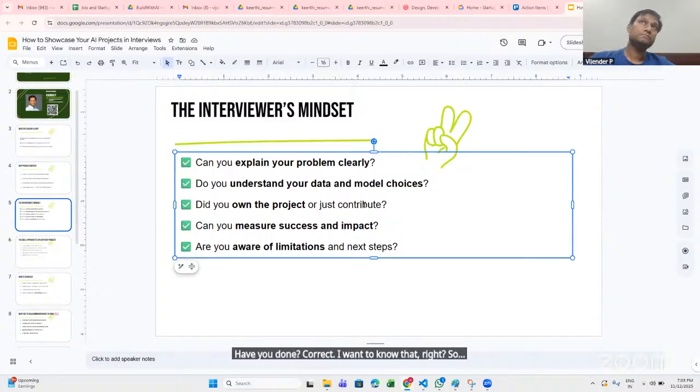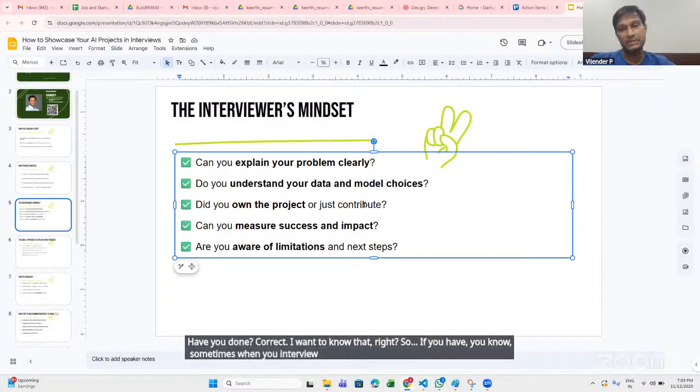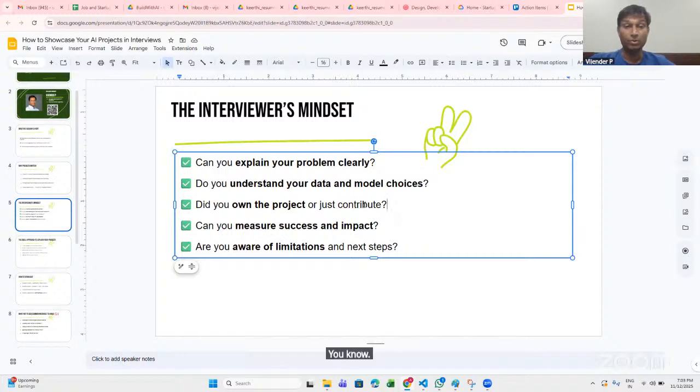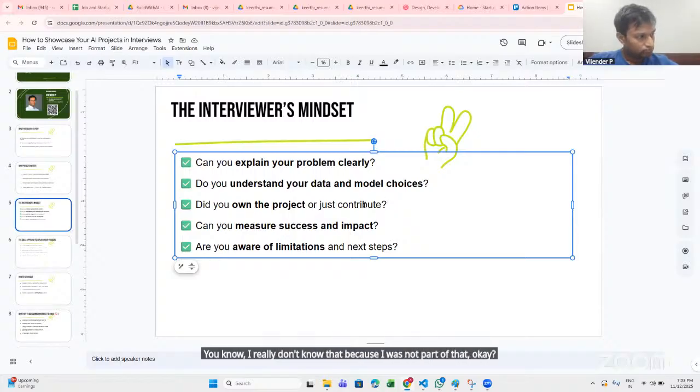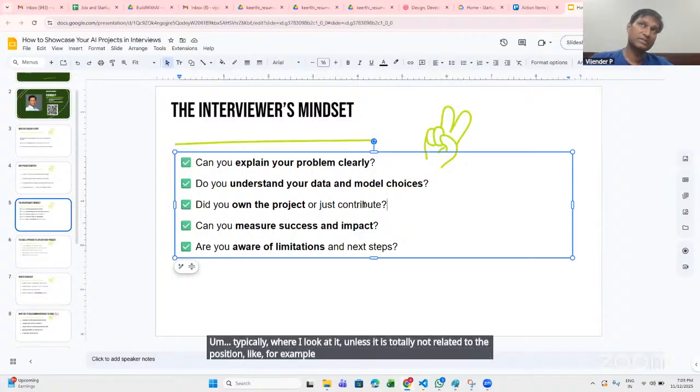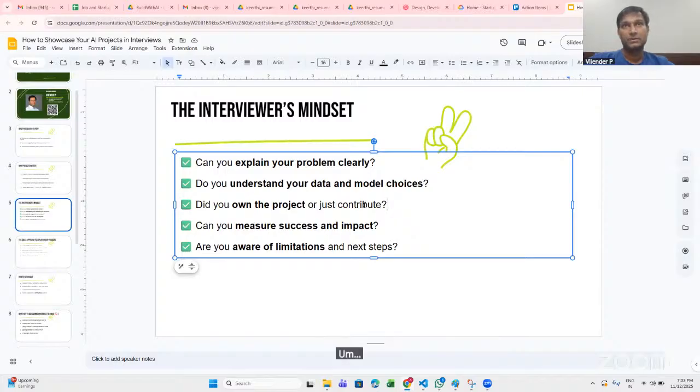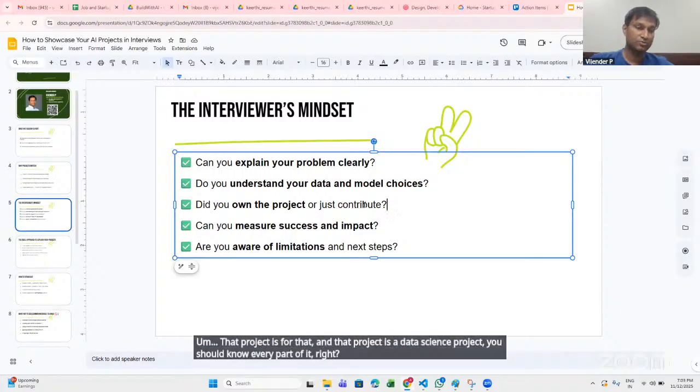Sometimes when you interview, people will say, I really don't know that because I was not part of that. Typically the way I look at it, unless it is totally not related to the position: if you are going for a data science position and the project is a data science project, you should know every part of it. You might not have worked on it, but you should know it.